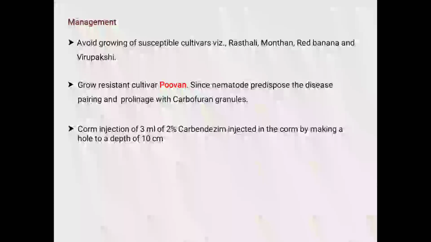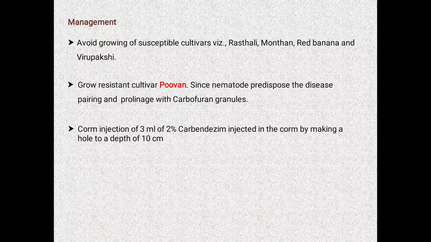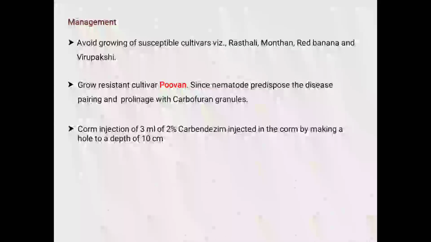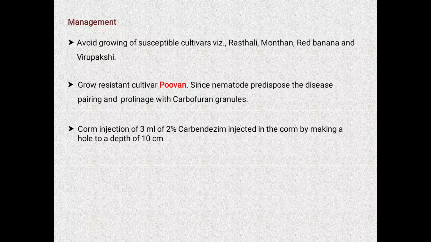First, avoid growing susceptible cultivars, the cultivars which are highly susceptible to the Fusarium disease, that is Panama disease. One should avoid the following cultivars: Rasthali, Manthan, red banana and Virupakshi. These are the cultivars which are highly susceptible to the Panama disease of banana.